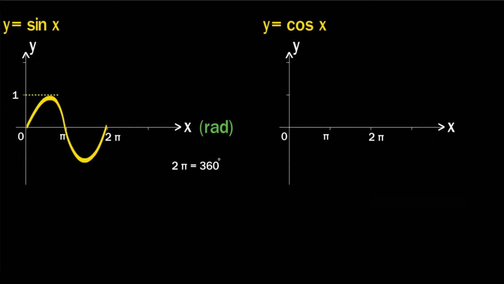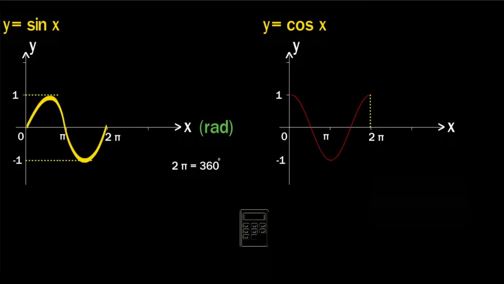Similarly to the x-axis, the minimum value is -1. So now we have cosine x. The maximum value is also 1 and the minimum value is also -1. So we draw the graph starting from 0. Then it's a U graph and ends at 2 pi.